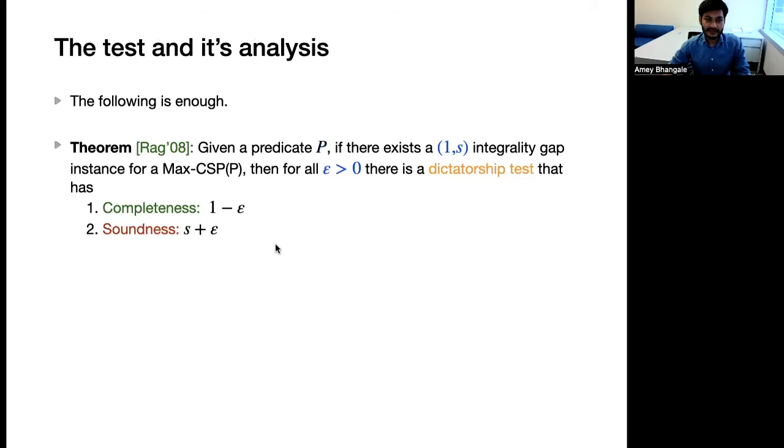Now, as stated earlier, it is enough to focus on dictatorship tests to prove the previous result. And in this respect, Raghavendra showed how to convert a 1-S integrality gap instance to a dictatorship test with completeness 1 minus epsilon and soundness S plus epsilon for any positive constant epsilon greater than 0.